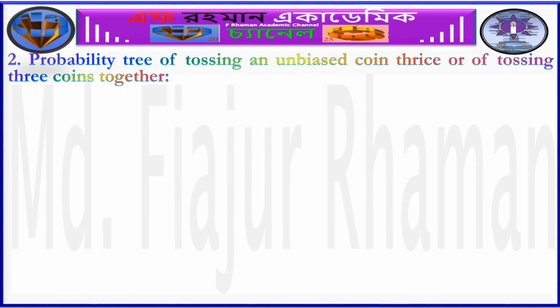2. Probability tree of tossing an unbiased coin thrice or of tossing three coins together. In the same way, we should draw this probability tree. At first, we should draw a diagram with two hands, H hand and T hand, for the first coin.